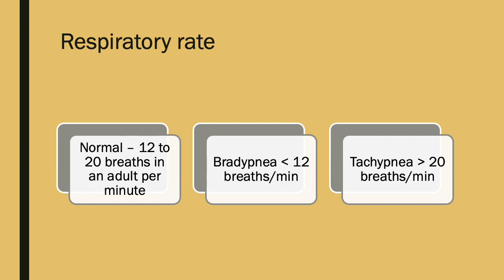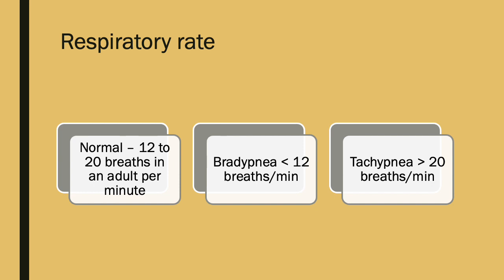The normal respiratory rate of an adult is 12 to 20 breaths per minute. And you actually want to count the respiratory rate for an entire minute. In children, their respiratory rate is also dependent on their age. In an adult, when the respiratory rate is less than 12 breaths per minute, we call this bradypnea.